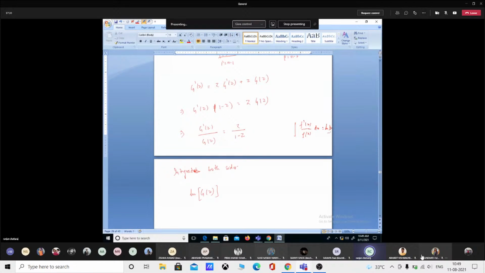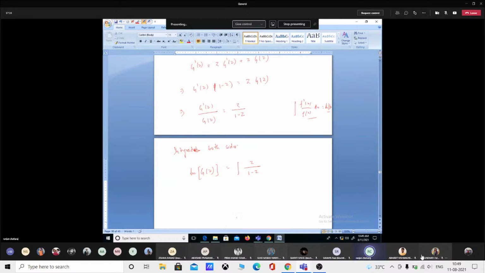Log of mod fx, of course. So you are getting this one, and this is integration of z by 1 minus z.